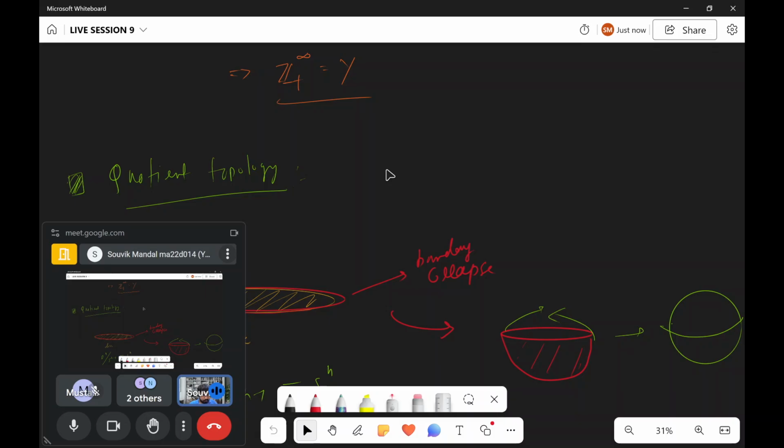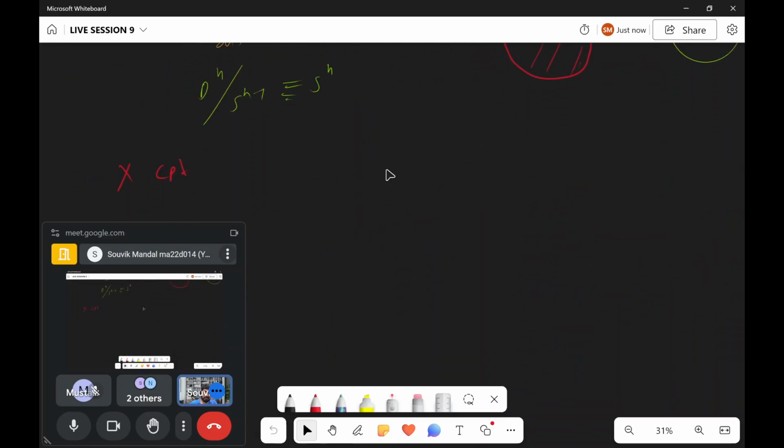Suppose X is a compact Hausdorff space, and A, a subset of X, is closed.